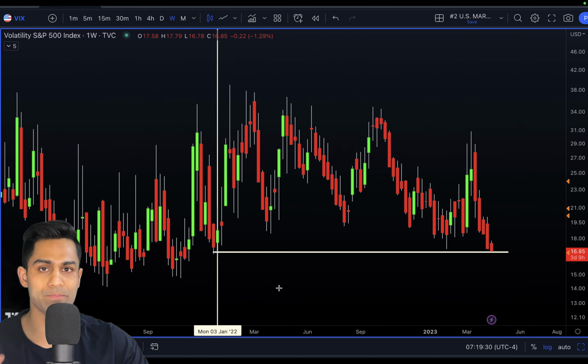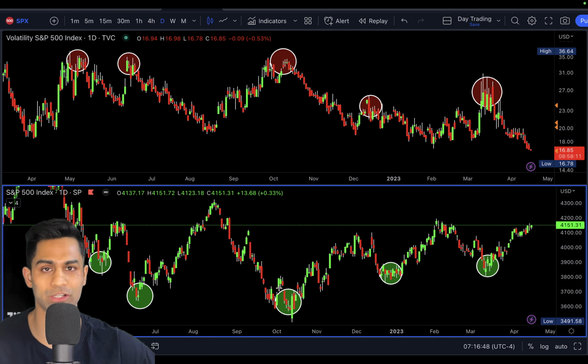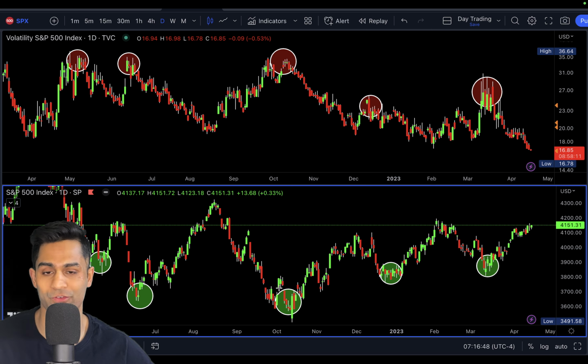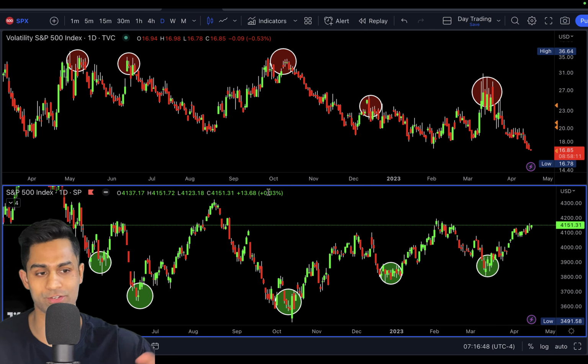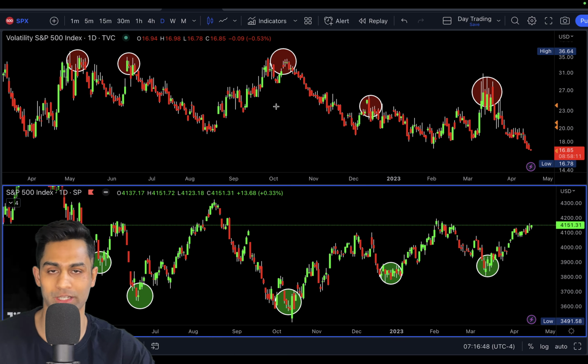Now, as I've already mentioned in my previous videos, the reason why this is so important is because for the most part it is negatively correlated. When the volatility rises, markets come down and vice versa. You can see this from these two charts. They're exact mirrors of each other. At the top, I've got the VIX, and at the bottom, I've got the S&P 500.